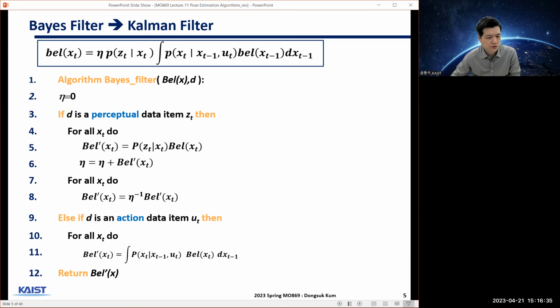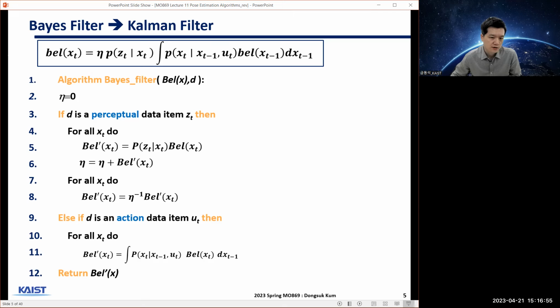So the Kalman filter assumes the system is linear, and the cost function or the covariance can be modeled by Gaussian distribution.